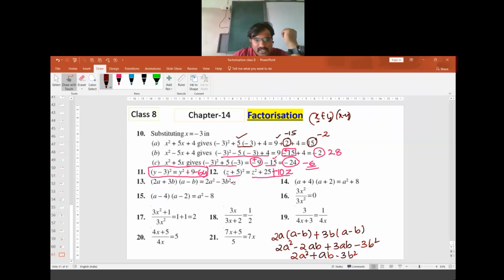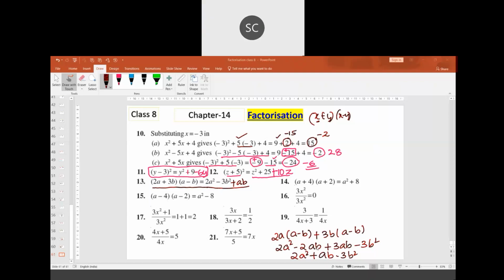So here what is missing? The ab term is missing. Understood now? Yes, sir. Why only ab, sir? Look at this: minus 2ab added to 3ab, 1ab remains, since 3ab is larger. 3ab minus 2ab is ab.